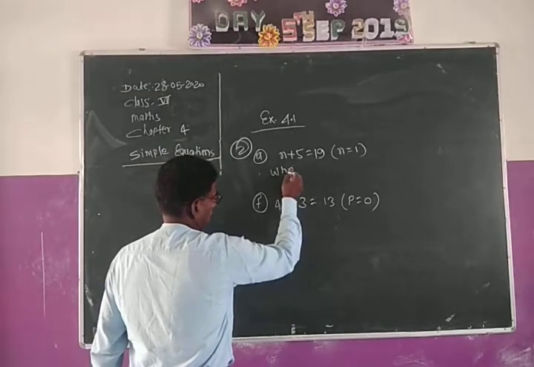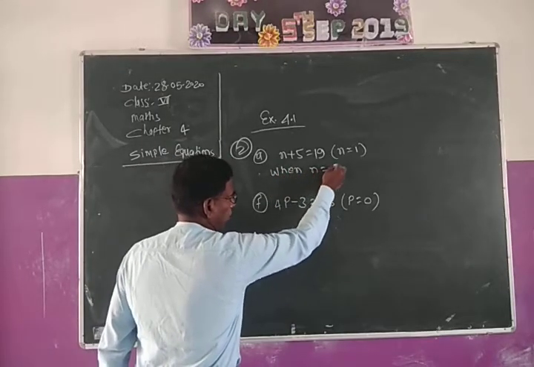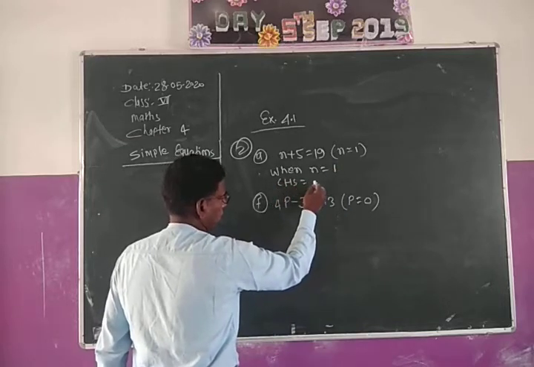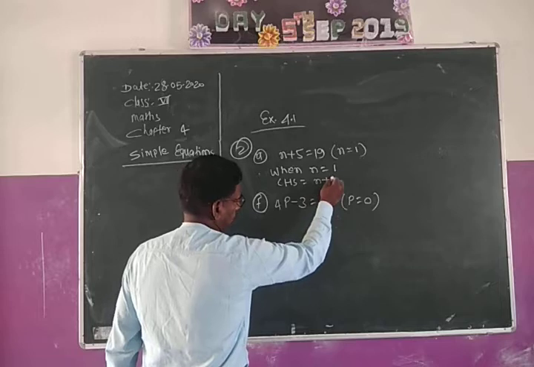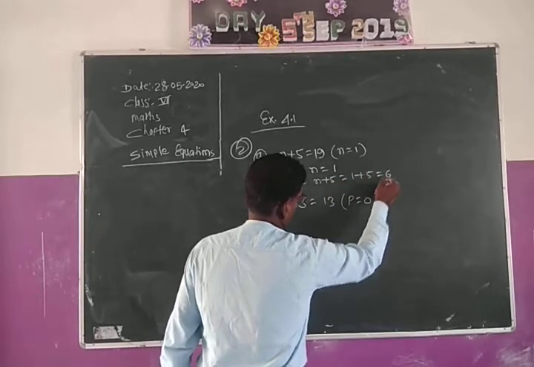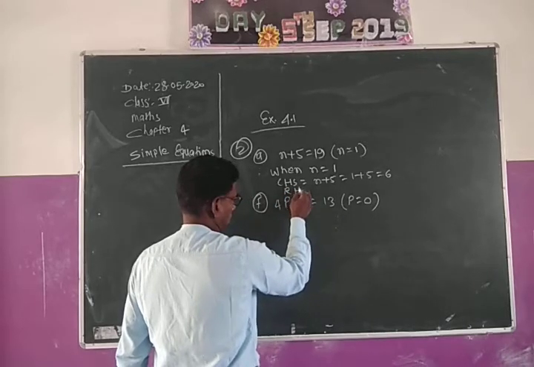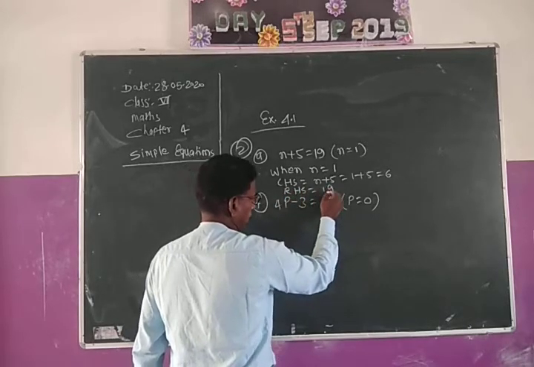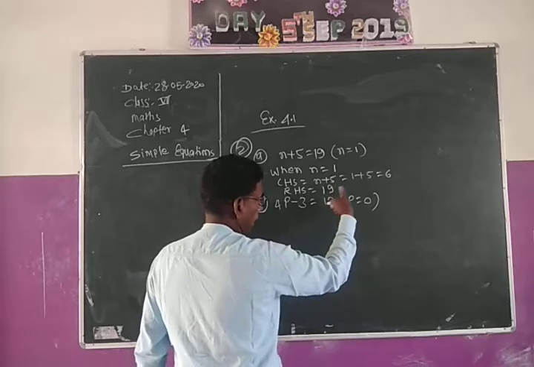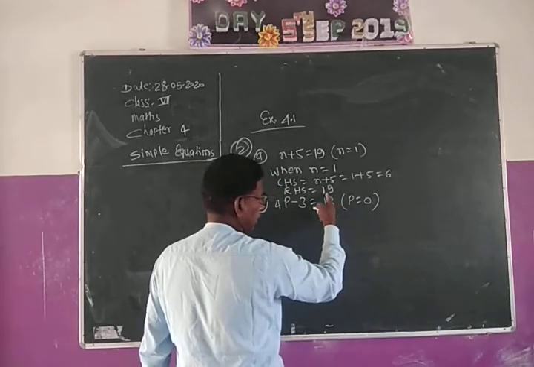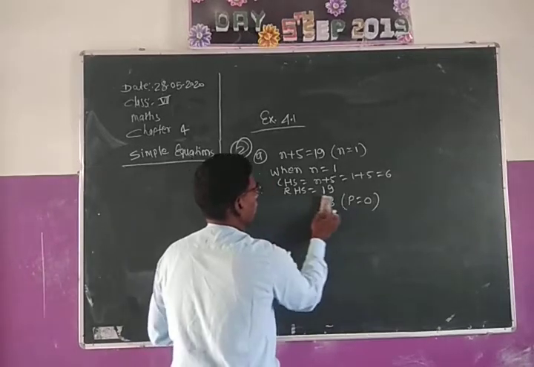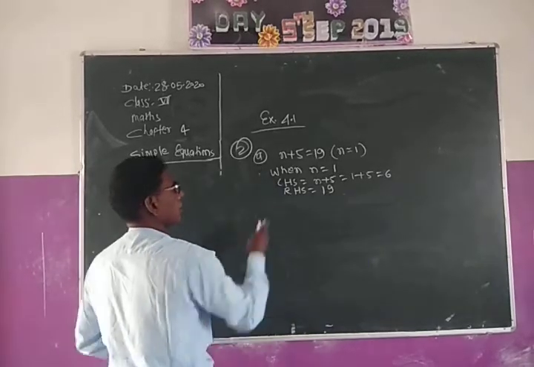When n is equal to 1, LHS is equal to n plus 5, which is 1 plus 5 is equal to 6. RHS is equal to 19. Here we see that LHS is 6, RHS is 19.